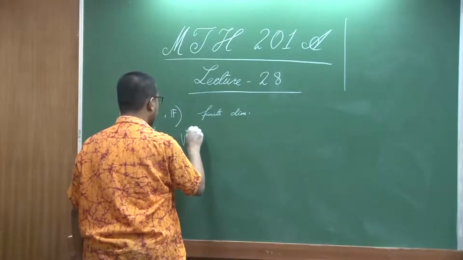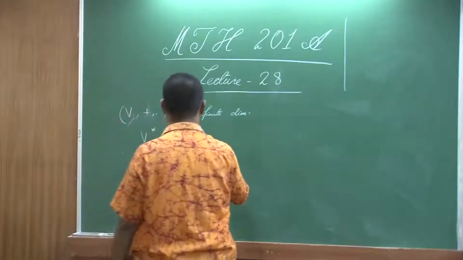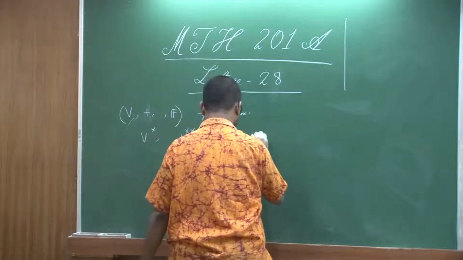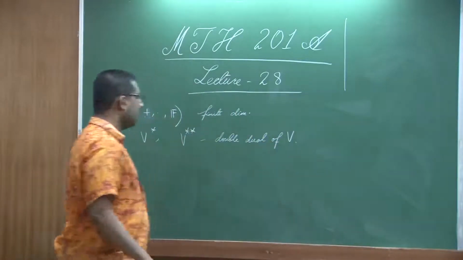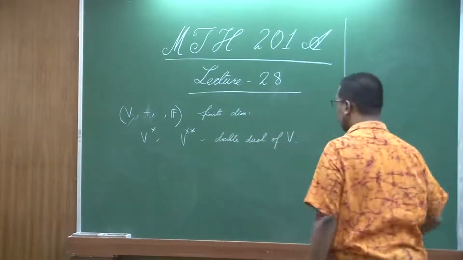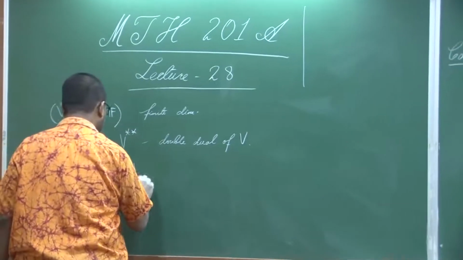So, we can further talk about its dual. This is called the double dual of V. So, we have a very natural map from V to the double dual of V.